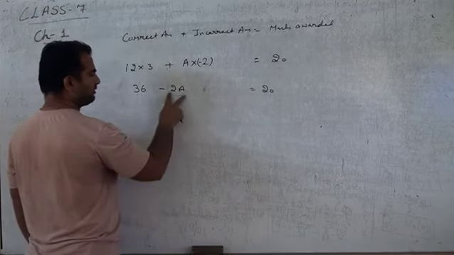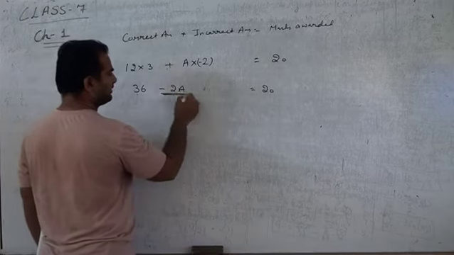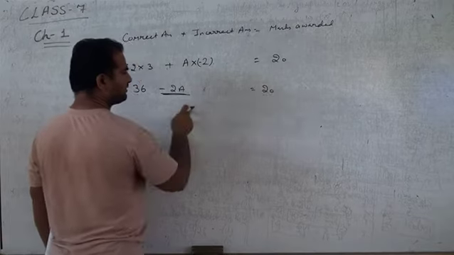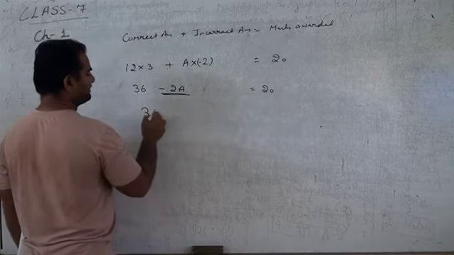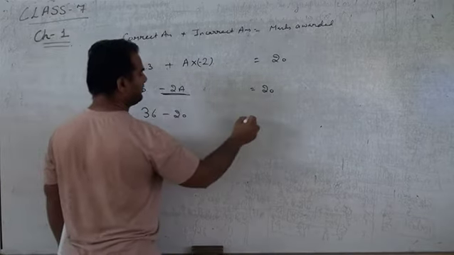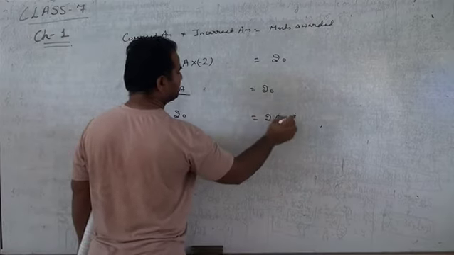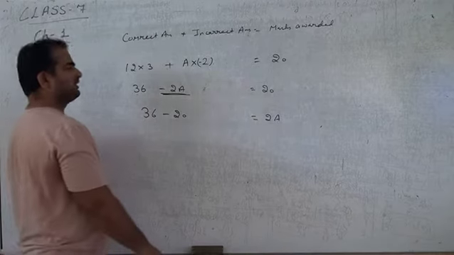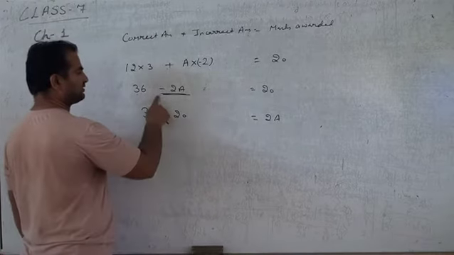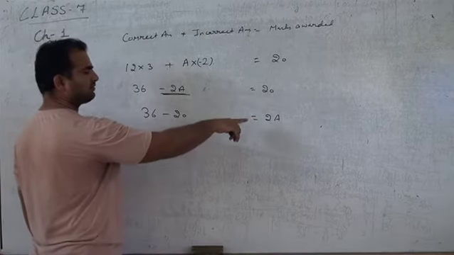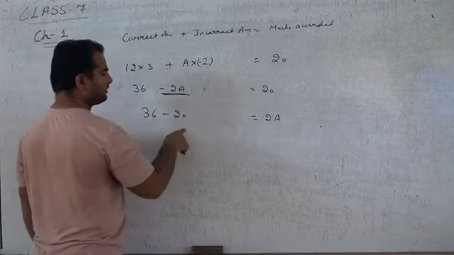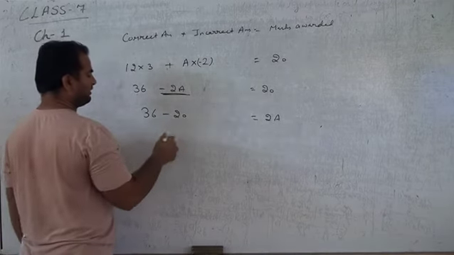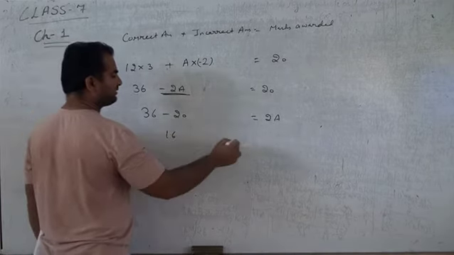We can take this minus 2A to that side and 20 to this side. So it will be 36 minus 20 equals plus 2A, because when we transpose anything, the sign gets changed. This was negative, it got positive, and that was positive, it got negative. What is 36 minus 20? 16 equals 2A.